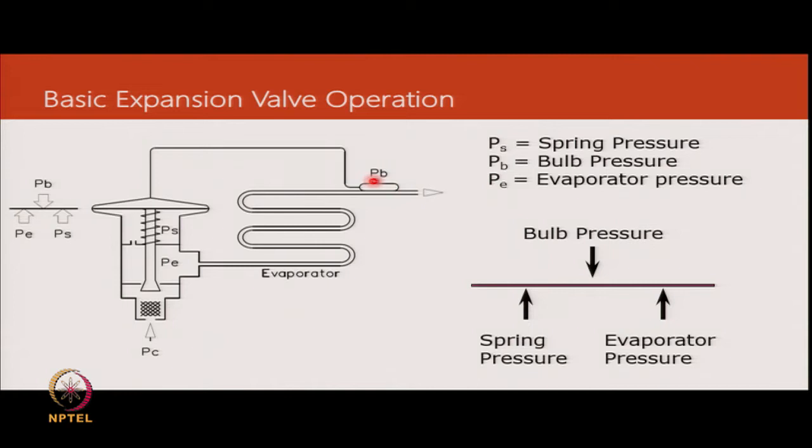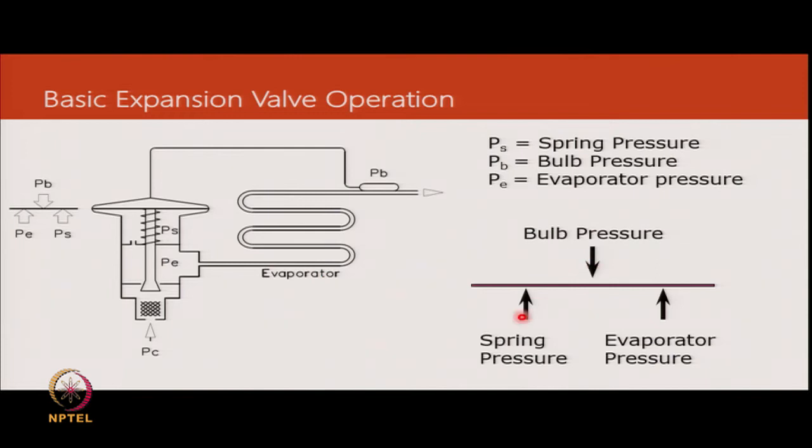For those of you who are not able to read, what is written here is PB, the pressure inside the bulb. And then we have a spring force, which is translated into a pressure term, PS, which is dependent on where we have adjusted it, or if we have not adjusted it, then an expansion valve will be shipped with a fixed setting.